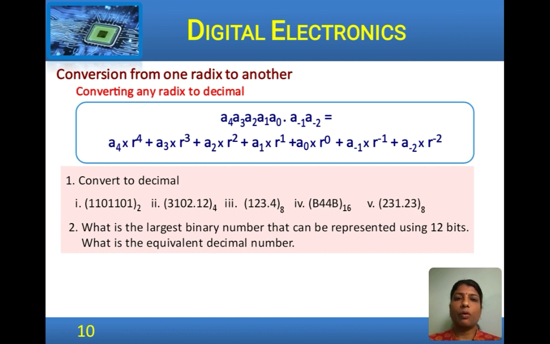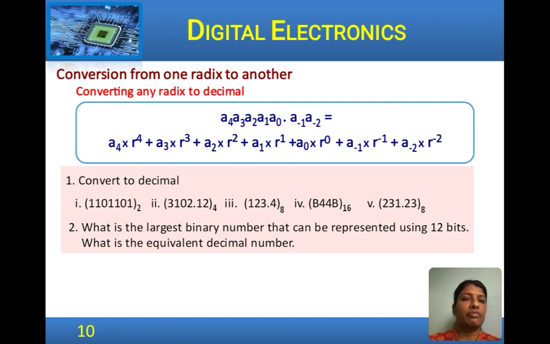So, we have seen the 4 number systems: decimal, binary, hexadecimal and octal. Now, we will look into converting from any radix to decimal. As we have seen in the previous slides, converting would be multiplying each of the digits by the radix to a suitable power based on the position of the digit.